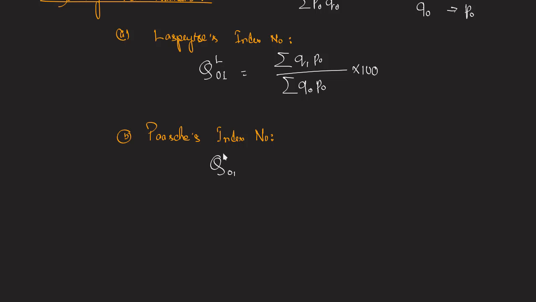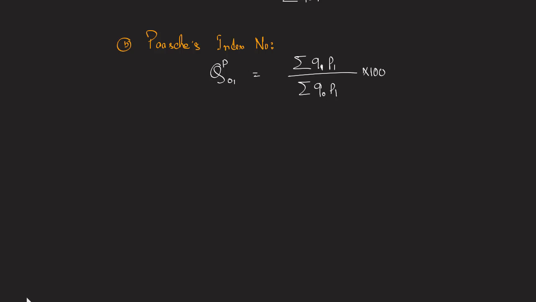This is capital L, this is P. This is summation Q1 P1 over summation Q0 P1 into 100. In the first we took P0 as the weight, here we take P1 as the weight. So this is Paasche's index number.